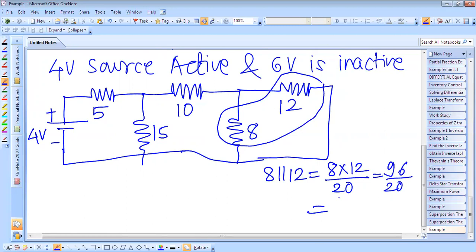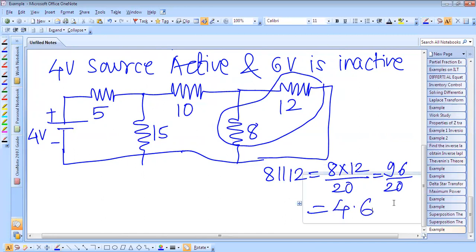We are getting 4.6. So instead of this we can write here 4.6, and 4.6 will be in series with this 10 ohm resistor.